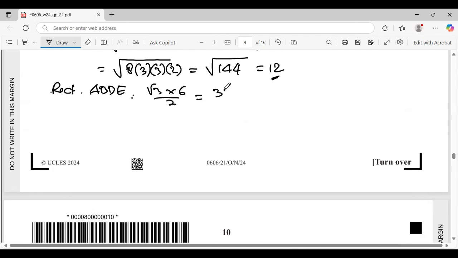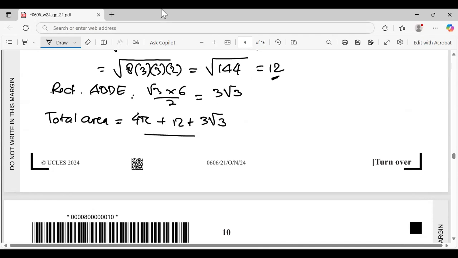So this is 3 square root 3. So total area is 4 pi plus 12 plus 3 square root 3. This is the total area.